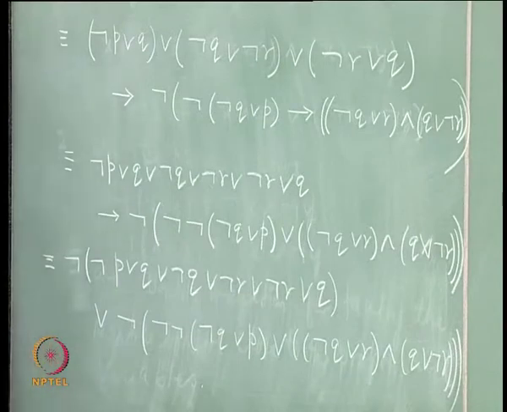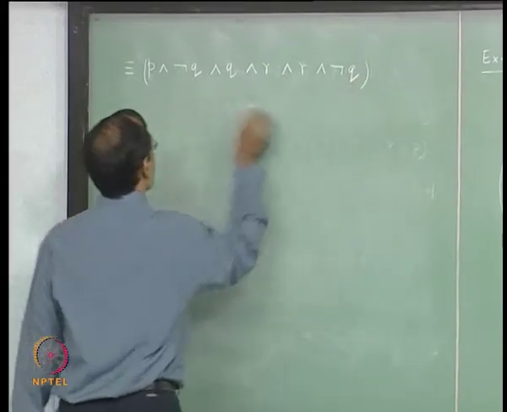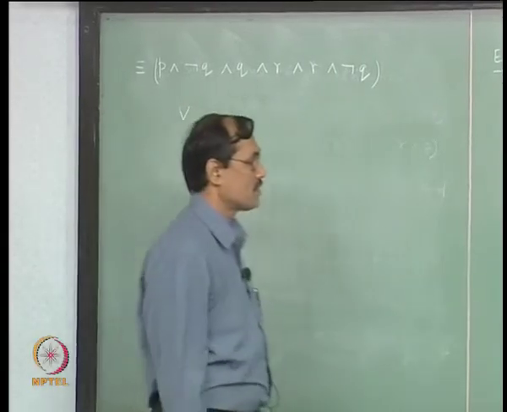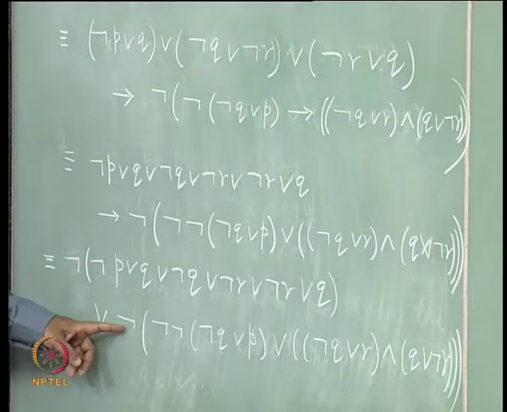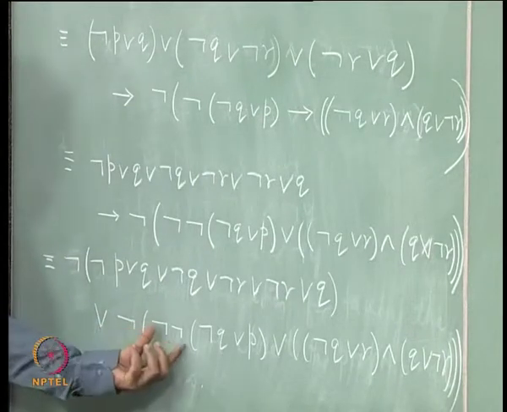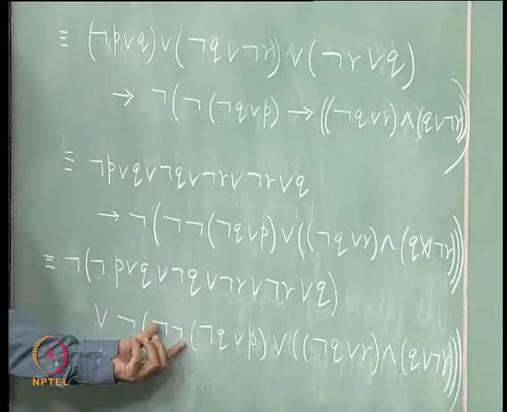Then R is as it is. So, R, this not again goes inside. So, when this not goes, this double negation is not there as if.